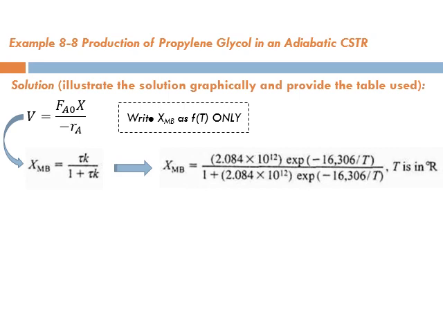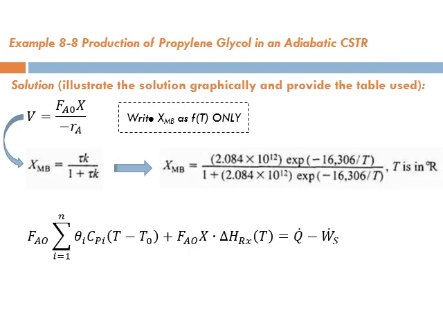Okay, so let's substitute for k. You know that k is a function of temperature through the Arrhenius equation, and you can see it here in this equation. Next, we go to the energy balance. So here we go, that's our energy balance. The reactor is operated adiabatically, so this goes to 0.